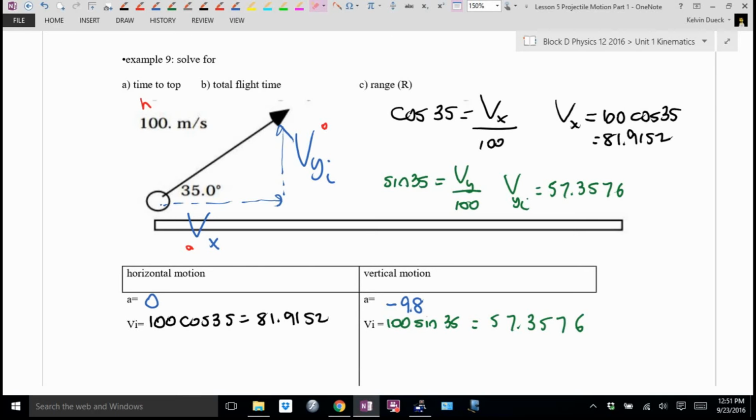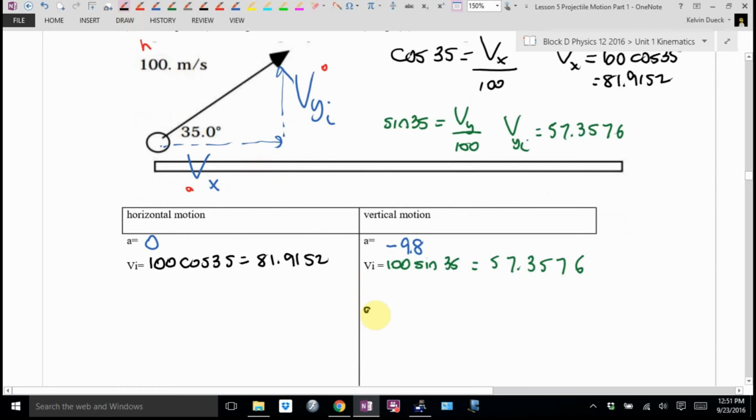So I'm going to guess. I'm going to put part A right here. I'm going to say T equals question mark. But still, I only have two things. Or do I? Is there a third thing that I know? Cassidy, enlighten me with your wisdom and brilliance.